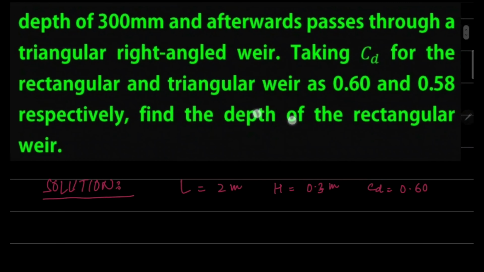We are using a triangular right angle weir, so theta is 90 degree, and for this triangular weir the CD value is 0.58. So these are the values for the rectangular one and for the triangular one.